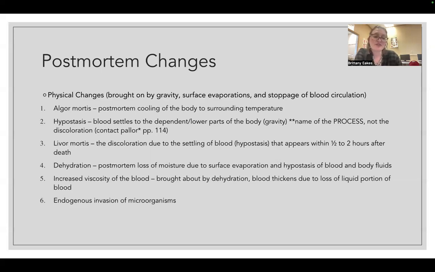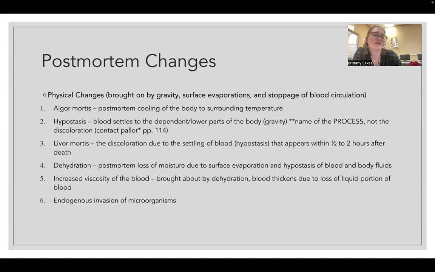Intrinsic factors include the ratio of surface area of the body to the body mass. So how big the body is. The body temperature at the time of death. Was there agonal algor? Was there cooling before death? Was there agonal fever before death? Or it could be a combination of any of those.